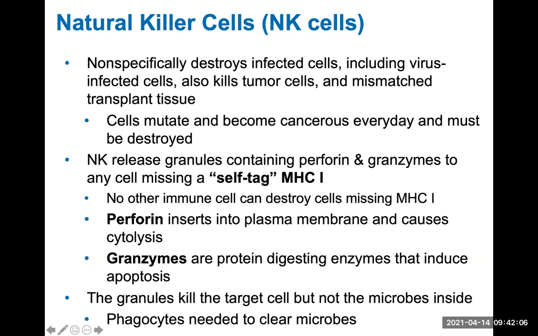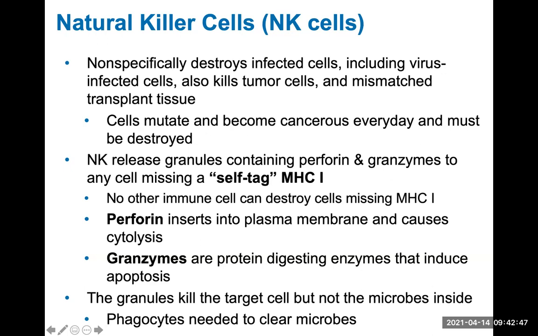And you can think of MHC as a receptor, and I call it the self-tag that says, I'm you, don't kill me. I'm part of the body. I'm a good cell, right? And so if the natural killer cell comes in contact with a cell that doesn't have the correct MHC1 or doesn't have any MHC at all, it's going to say, oh, you're an invader, or you're a naughty cell that something's gone wrong with, and we need to get rid of you. And then it's going to throw these granules full of perforin and granzymes and kill that cell.